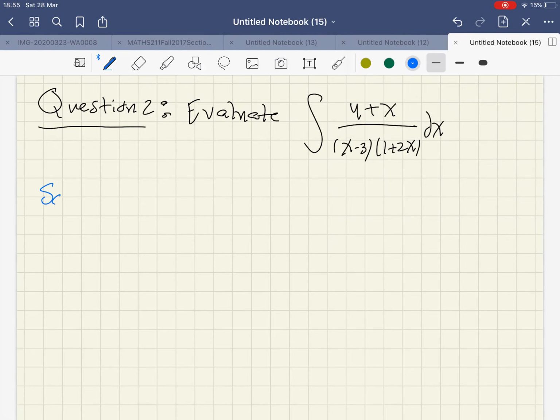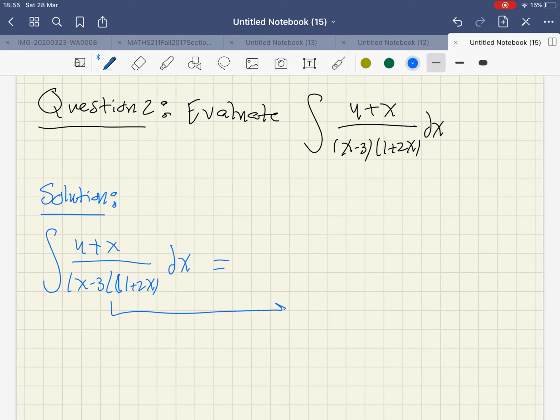How do we evaluate this one? It is easy. Here we use the partial fraction, so we get the integral of something plus the integral of something else.